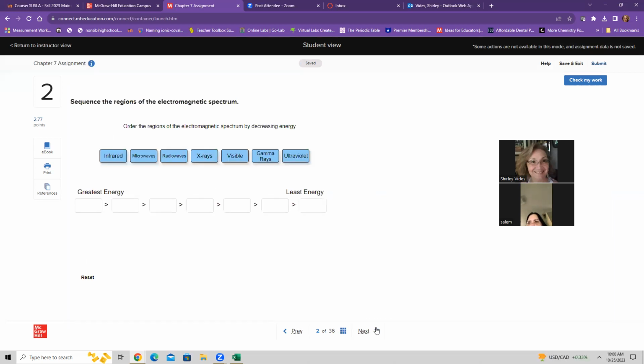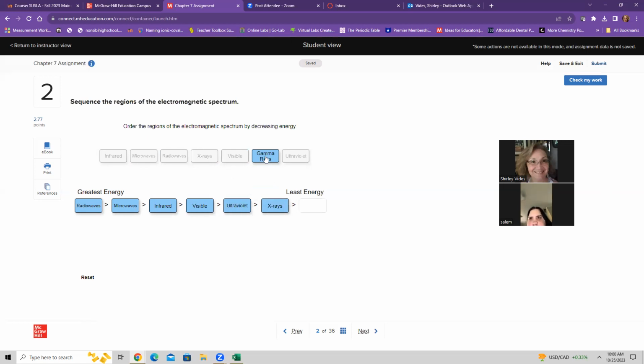Okay, so the electromagnetic spectrum, and the highest is radio waves. There you go. Radio waves, if I'm not mistaken, it's microwave, then infrared, which means below red, then visible, then ultraviolet, which is after violet, then X-rays, and the last one is gamma rays.